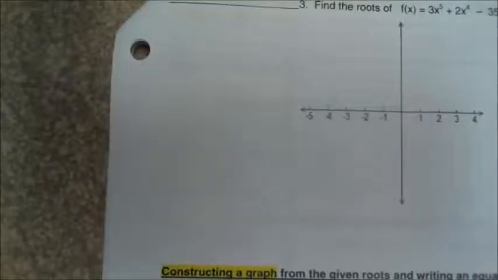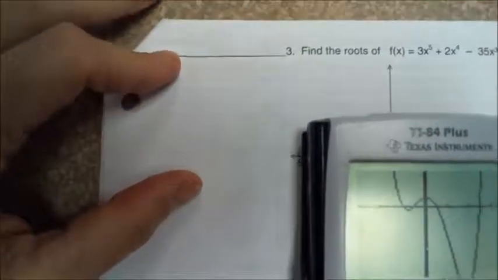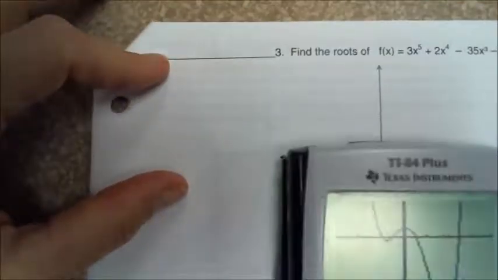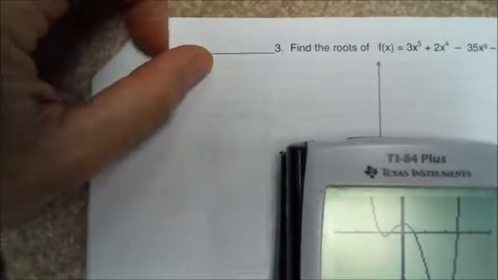Going over to the next page, we're going to try to do these roots. Try this one on your own if you want to shut it off and turn it back on again. This is an x to the 5th, so this is going to be another term in here.